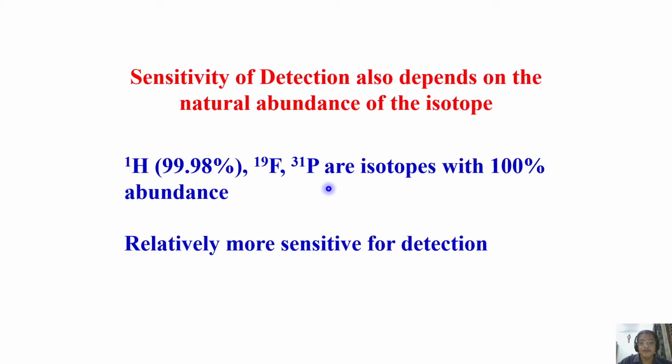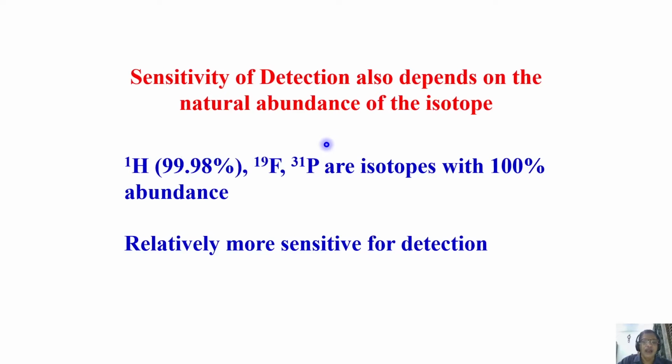Fluorine and phosphorus are isotopes with 100% abundance. More or less you can consider all three are 100% abundant, and these are relatively more sensitive for detection. Of course, among the three, proton is more sensitive, then fluorine, then phosphorus.